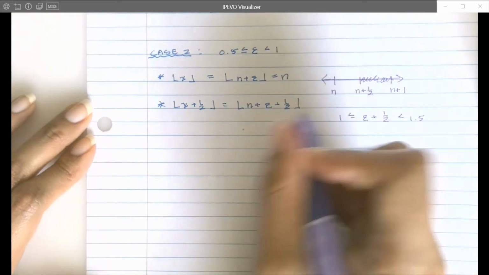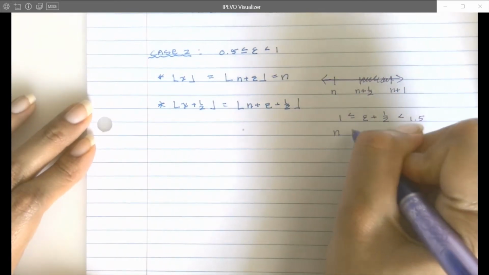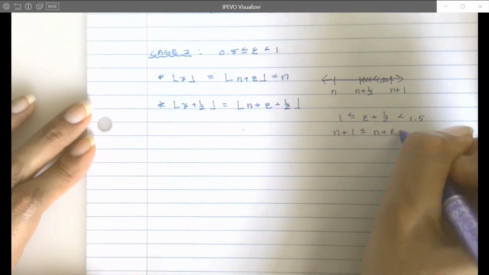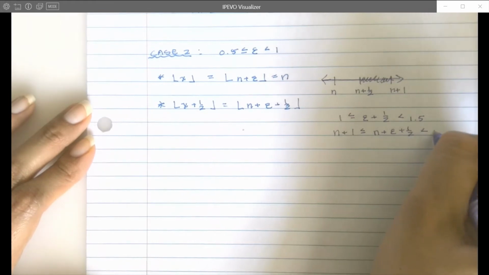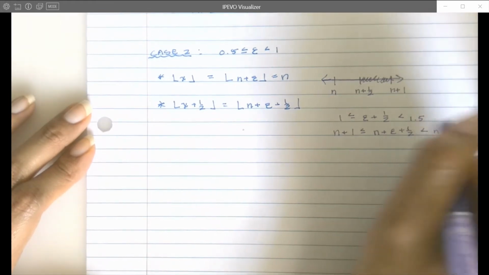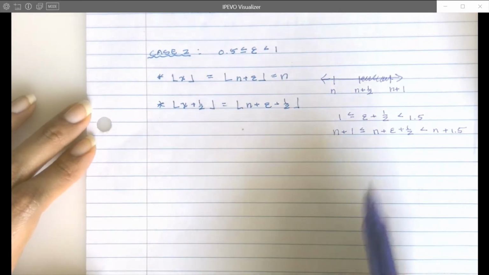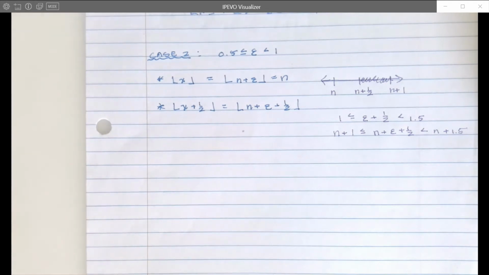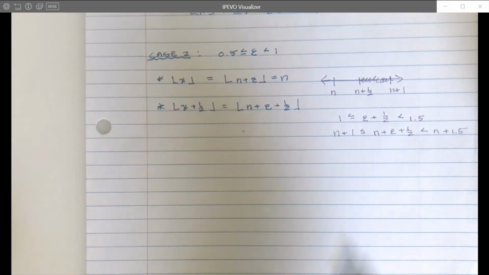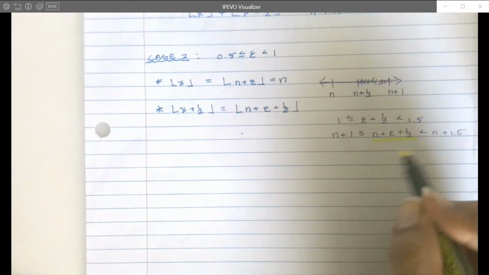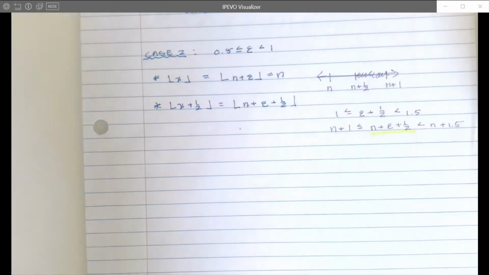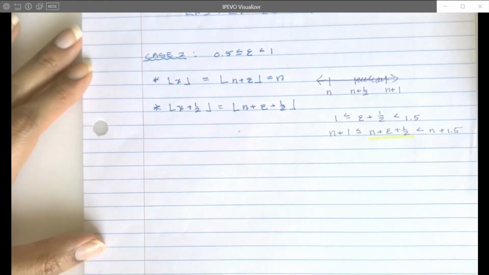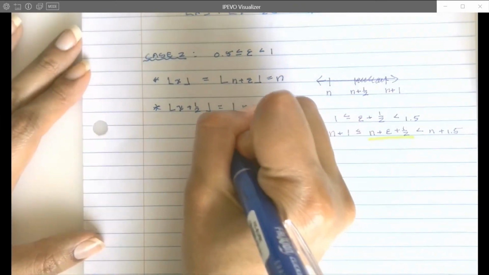So therefore, if we add an n to all three parts of this inequality, we're going to get that n plus 1 is less than or equal to n plus epsilon plus 1/2, which is less than n plus 1.5. So between what two numbers does n plus epsilon plus a half live? Well, it lives between n plus 1 and technically n plus 2 if we're considering only integers. So that means that the floor of this quantity is going to be n plus 1.